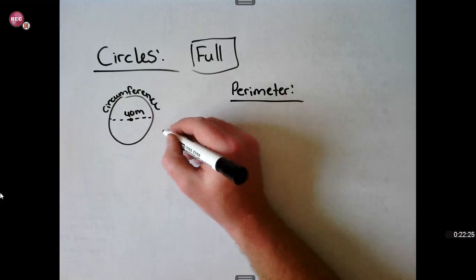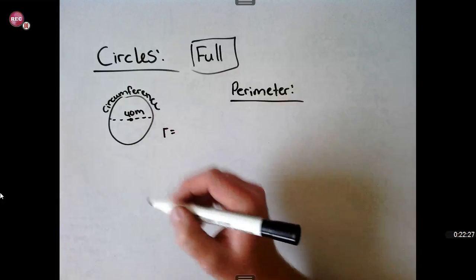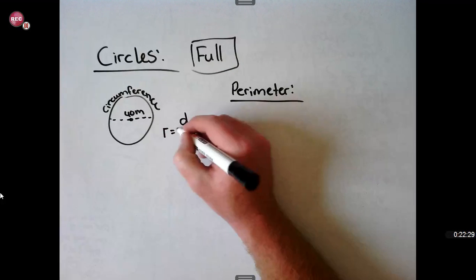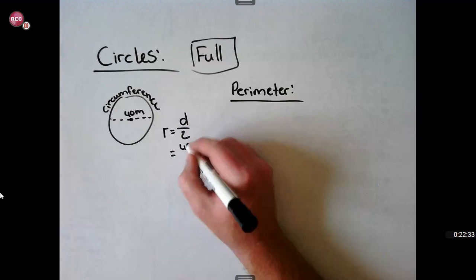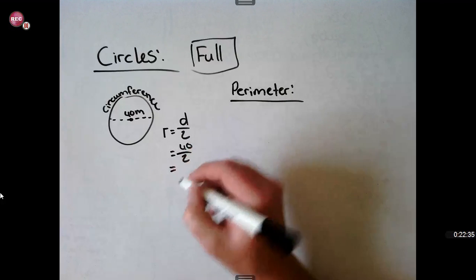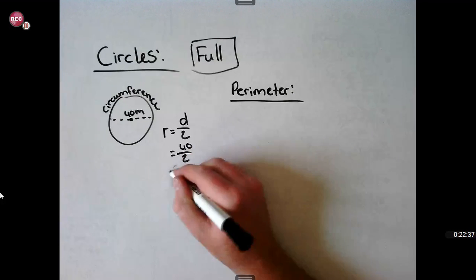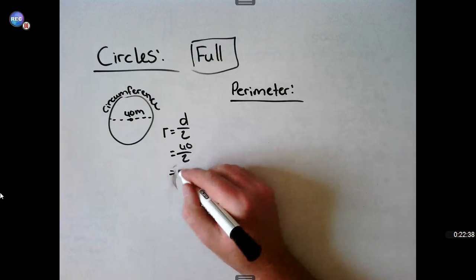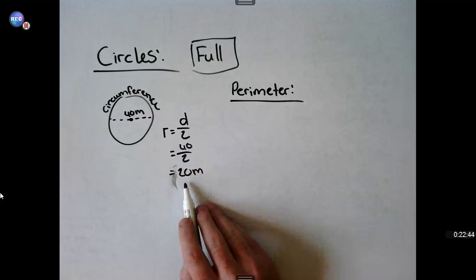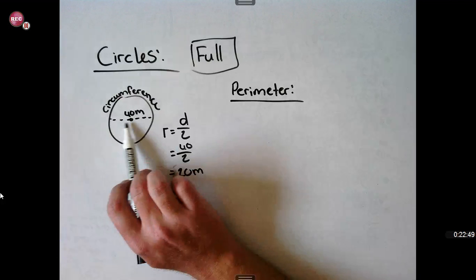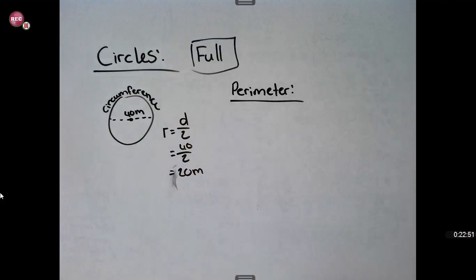So the radius of the circle would obviously be the diameter divided by 2. So we take the 40, we divide that by 2. So at the end of the day, your radius would be 20 meters. So from the center to the circumference, it would be 20 meters. And then your diameter would be from the circumference through the center to the other side of the circumference.